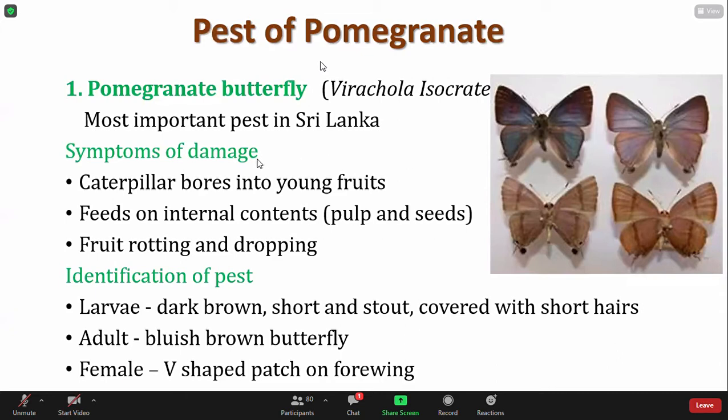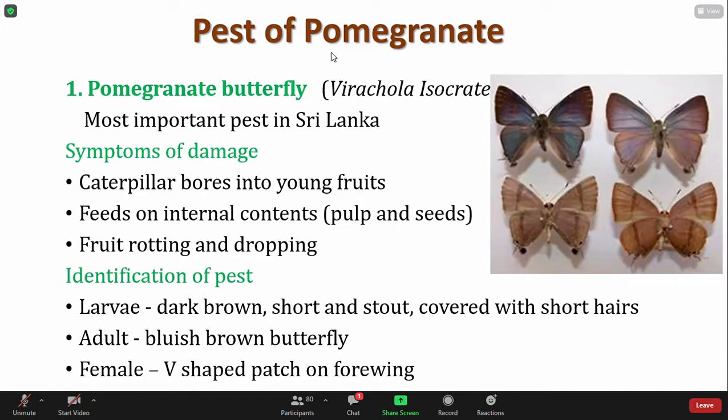The symptoms of damage are the caterpillar bores into young fruit and feeds on the internal content of the fruit. So the quality of the fruit is destroyed. The pulp and seed will be destroyed. And the fruit rotting and dropping are also recorded.